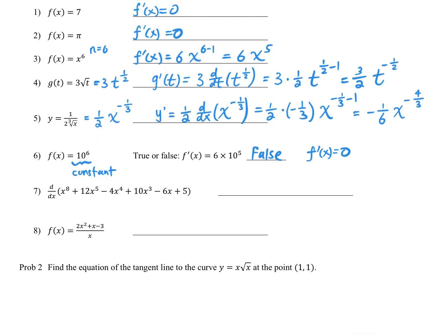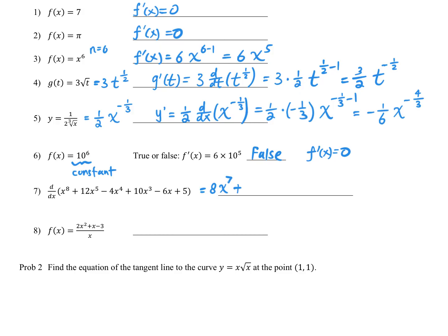So here we find the derivative of x to the 8th, which is equal to 8 times x to the 8 minus 1, right? In the future, once you're familiar with this rule and you feel comfortable, you should skip this step. Just quickly write that as x to the 7th.